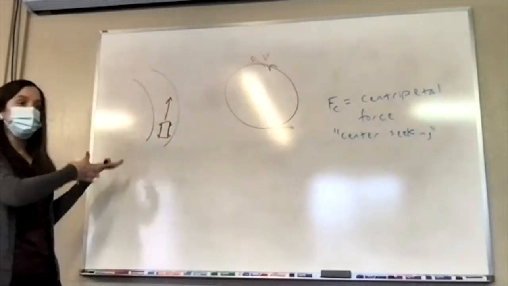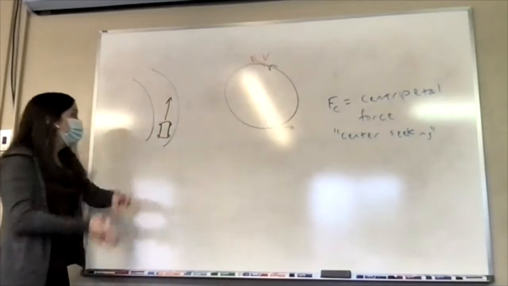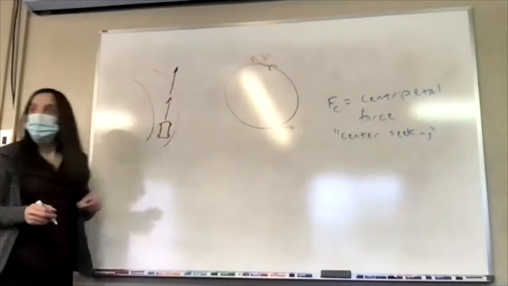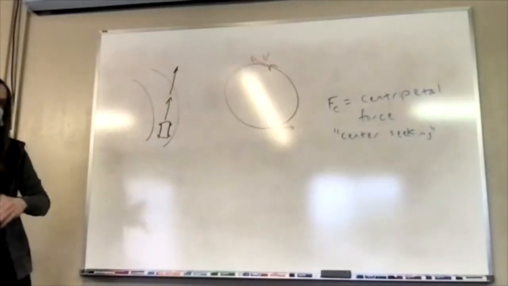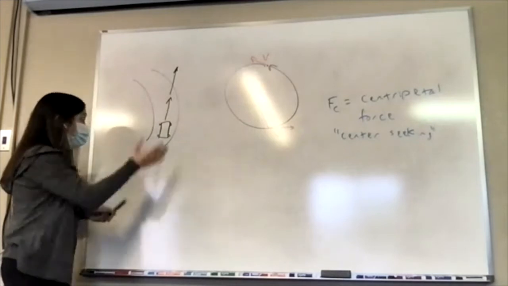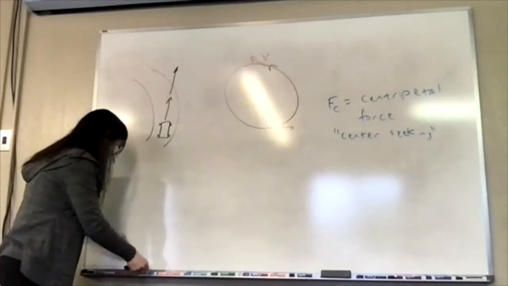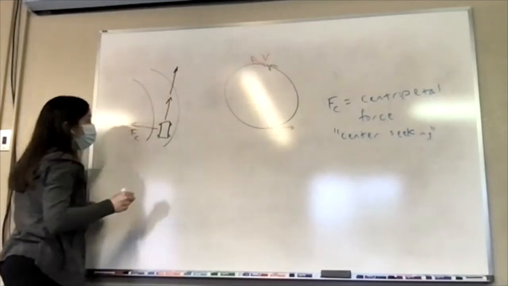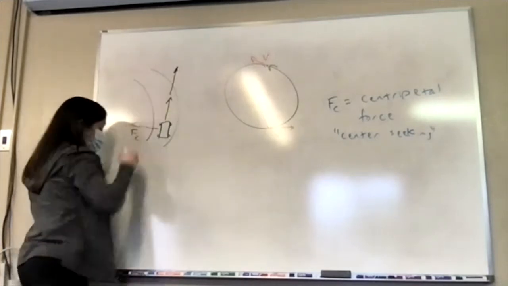It's always tangent to the circle. So if you don't turn your steering wheel, you'll just go this way. You're going to go off the road because your car would be going tangent to the circle, which would eventually pull you off the road. But if you turn your steering wheel, centripetal force is what pulls your car inward. And that's what keeps you going in the circle.